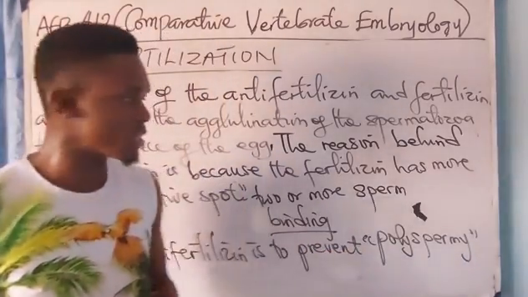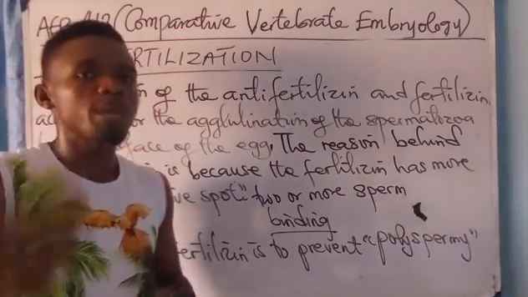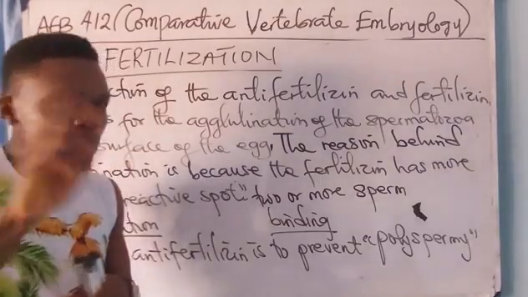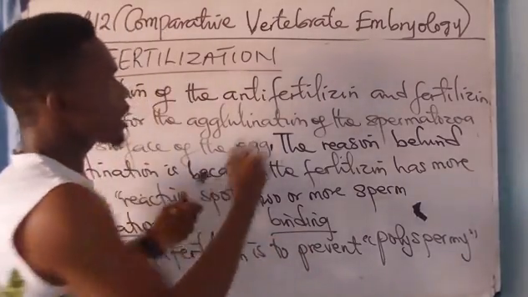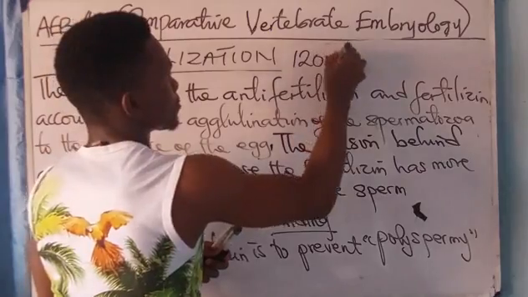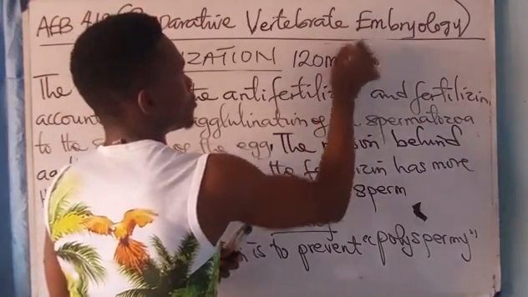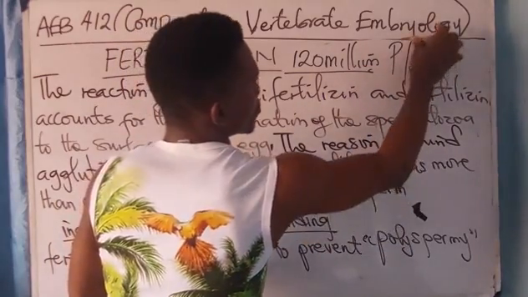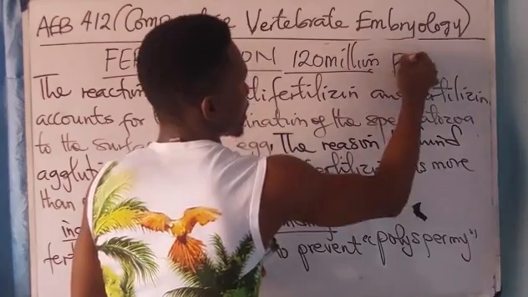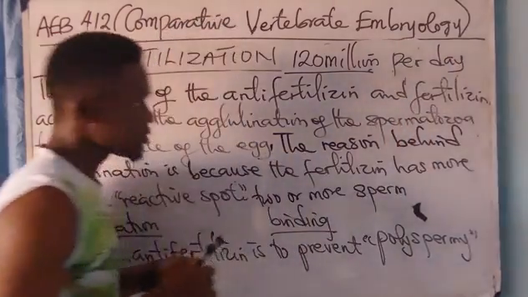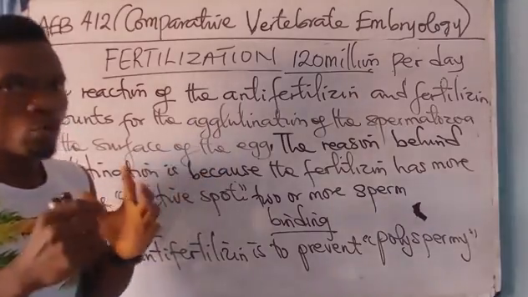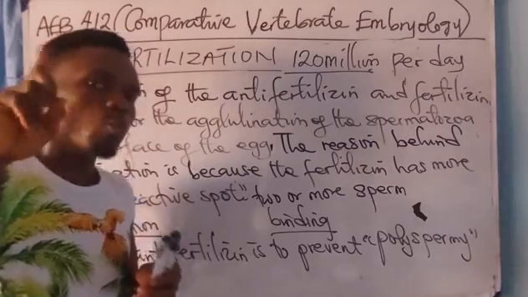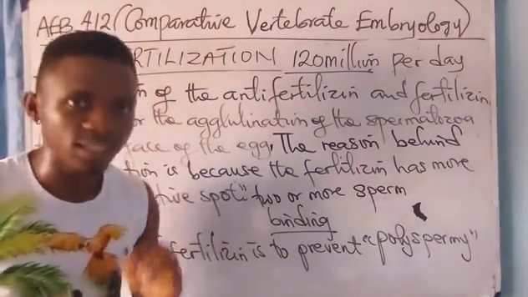Polyspermy is a process in which two or more sperms penetrate the vitelline membrane of the egg, which is never possible. It's not done like that. Of 100 million sperms produced per day, only a few will render the vitelline membrane vulnerable, but only one would fertilize the egg.